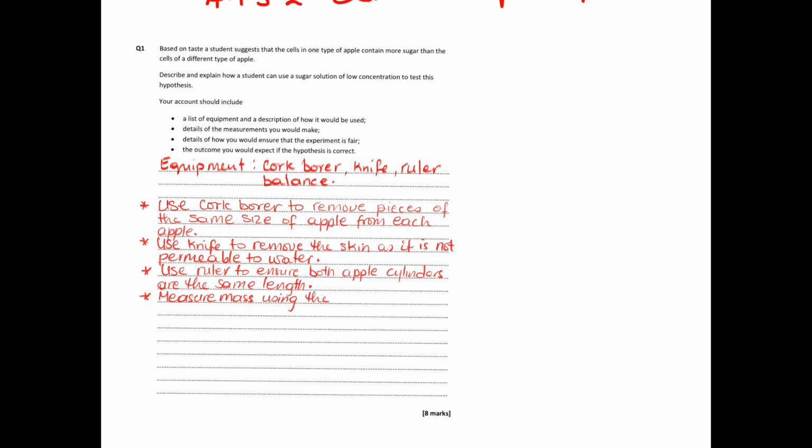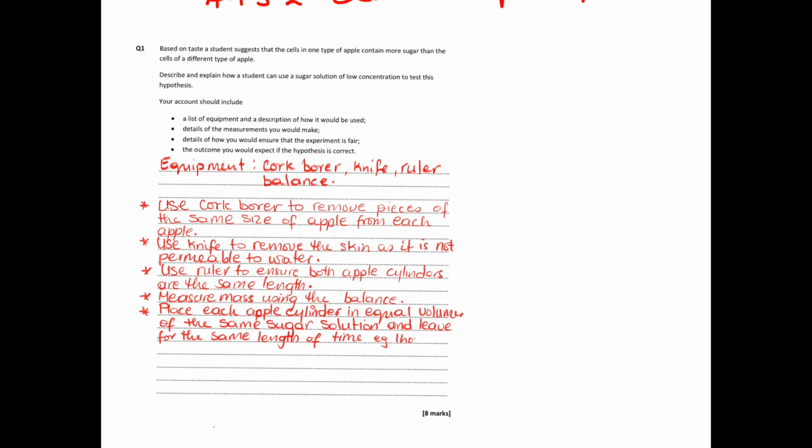Use a ruler to ensure that both apple cylinders are the same length. Then you measure the mass and you record all of that information in the results table. Place each apple cylinder in equal volumes of sugar solution. And of course, remember, it's the same sugar solution, so that's one of the control variables.